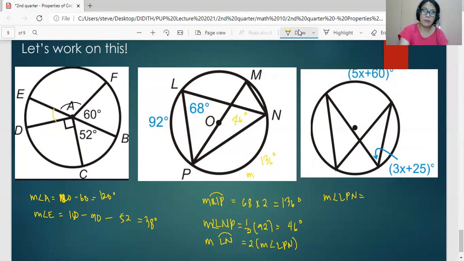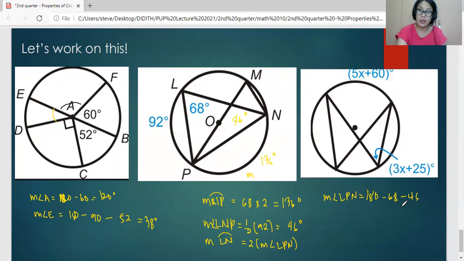And measure of angle LPN is equal to 180 less 68 less 46, because the sum of the three interior angles of a triangle is 180. So we were able to identify the measures of the two interior angles, so we'll be able to work on the measure of angle LPN.